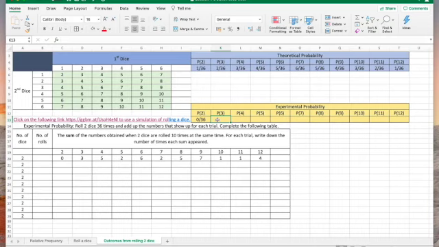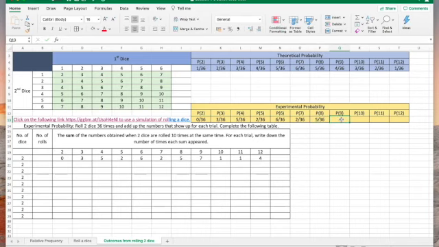Then for the 3, 3 appeared 3 times out of 36. And we got a 4 5 times out of 36. And we got a 5 twice out of 36. We got 6 6 times out of 36. 7 appeared twice out of 36. 8 appeared 5 times out of 36.